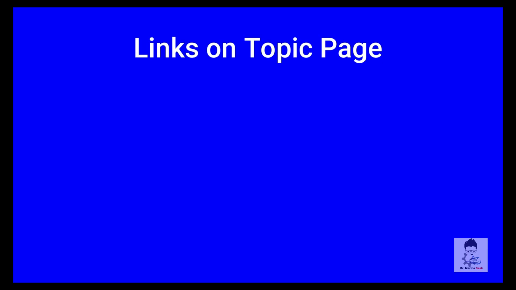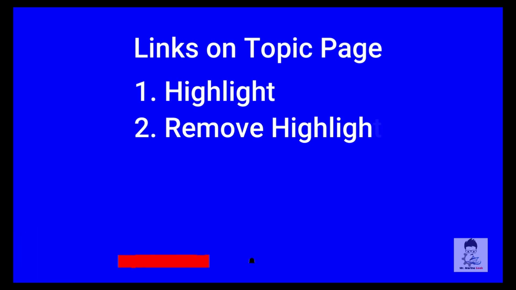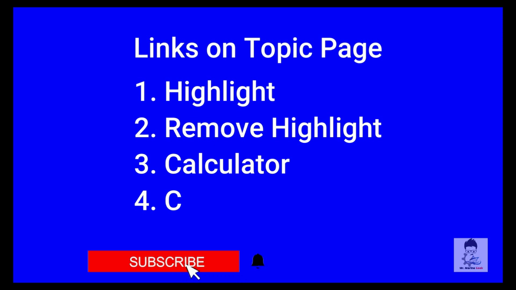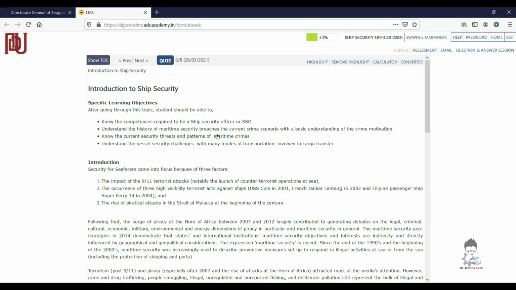So the individual topics have their own links: highlight, remove highlight, calculator, and converter. So we are going to look in detail at what is what. By pressing the highlight link, you can highlight any sentence which you feel is important, but when you click again, it just goes away.